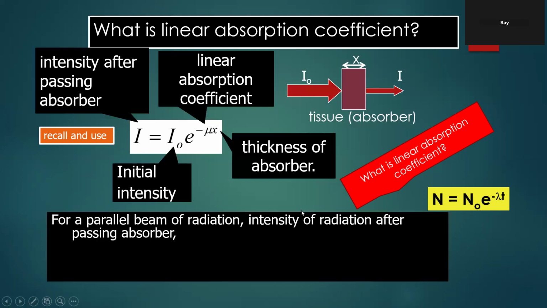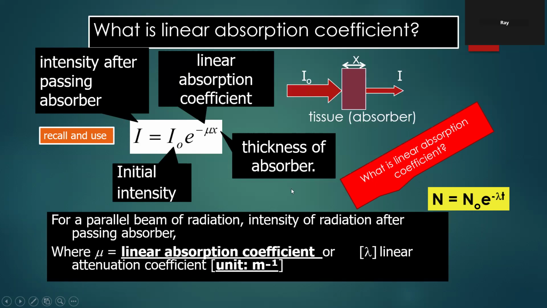For a parallel beam of radiation, that is the intensity of radiation after passing through. Mu is called the linear absorption coefficient.